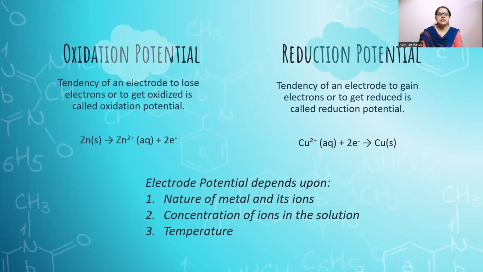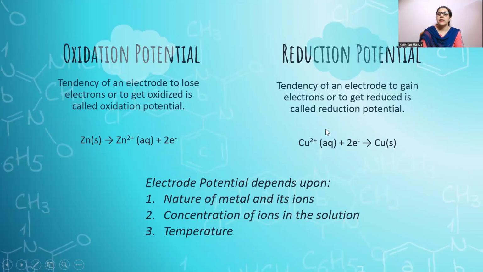Oxidation potential is the tendency of an electrode to lose electrons or to get oxidized. Here is an equation for the same. The reduction potential is the tendency of an electrode to gain electrons or to get reduced.